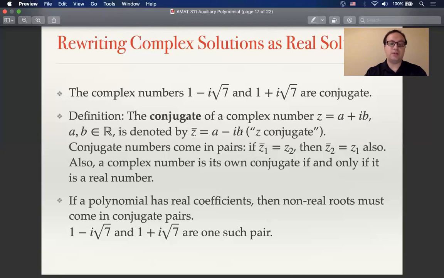So for example, the conjugate of 2 plus 3i is 2 minus 3i. The conjugate of 1 plus 10i is 1 minus 10i. And for the equations that we're solving, the non-real roots will always come in pairs of conjugate roots. So what we're going to do for this equation will be applicable for other equations as well.